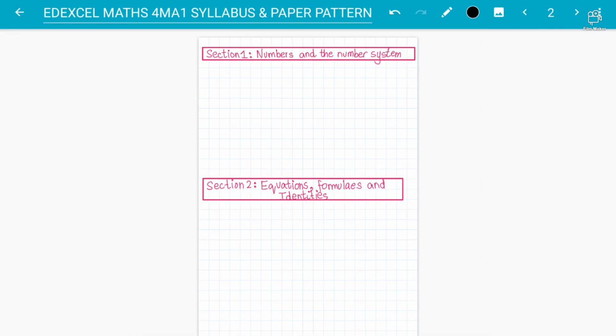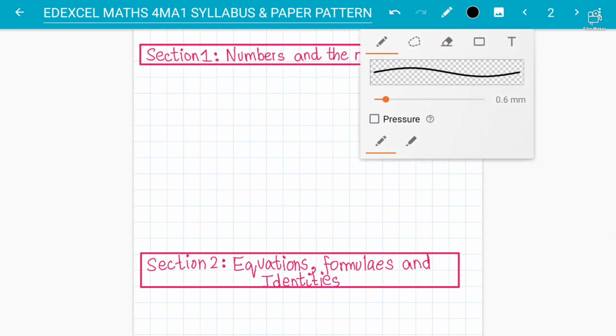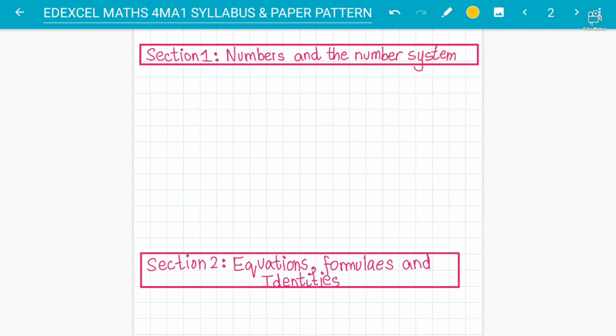Okay, in the higher tier, it's very basic and simple. Numbers and the number system will cover standard form, numbers, decimals, fractions, prime numbers, ratio, proportion, limits of accuracy. So just to give an overview, you will be tested on ratios, proportions, percentages, and the degrees of accuracy, which is upper bound and lower bound.